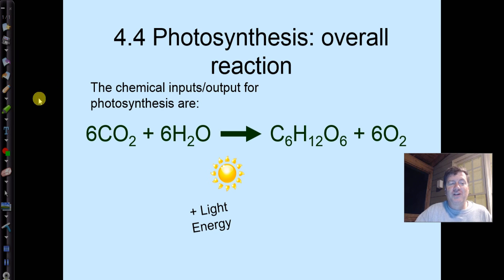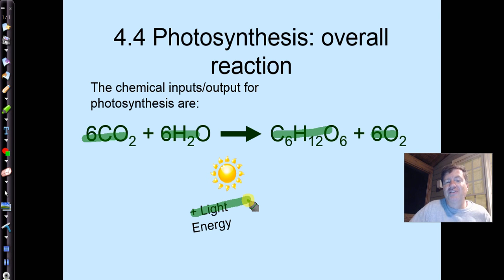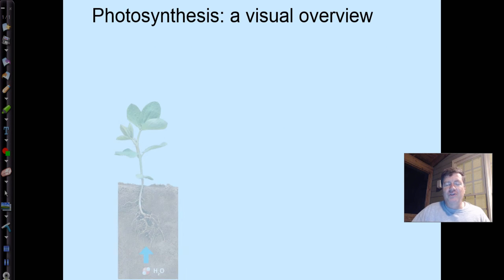Remember, in cell respiration, we had sugars plus oxygen produced CO2 and water and energy. Here we have just the opposite. Photosynthesis and cell respiration are opposite reactions in metabolism, and we'll touch on that at the very end of the video.